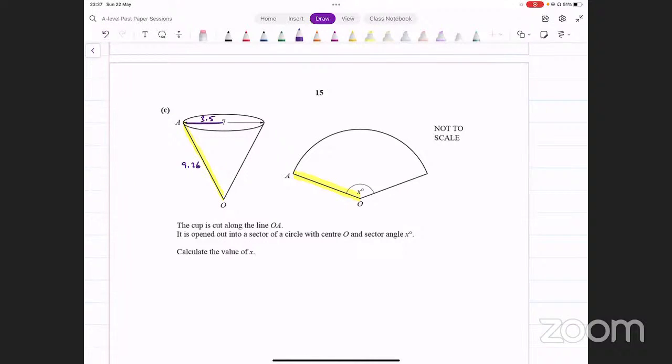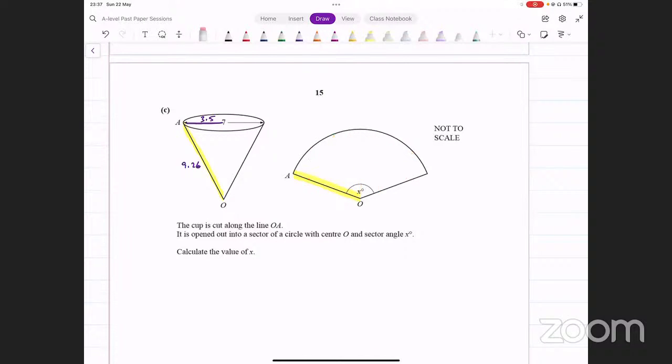Now remember, when the cone is cut and it's opened to make the sector, ये जो सारा इसका curved part है, ये जो curved surface है, think about it. When it's opened, what does this curved surface become? ये पूरा curved surface जब cone open होगी, ये आपके पास पूरा sector का area बन जाएगा. So basically, curved surface area of the cone becomes the area of the sector when this thing is open.